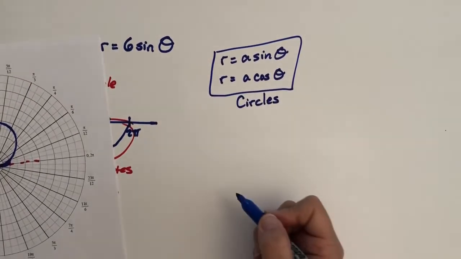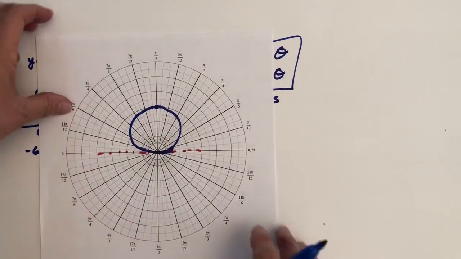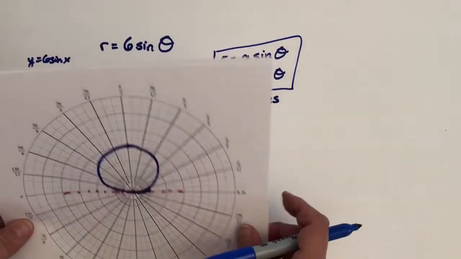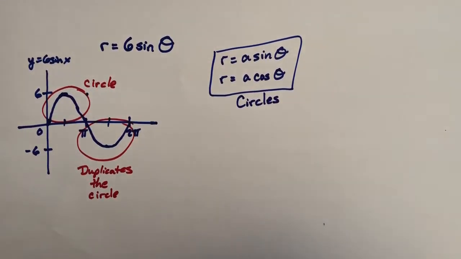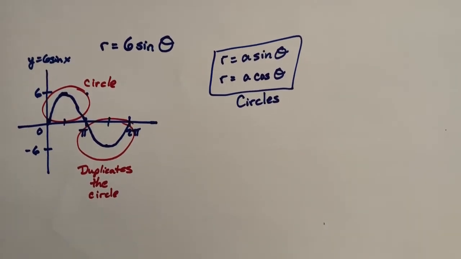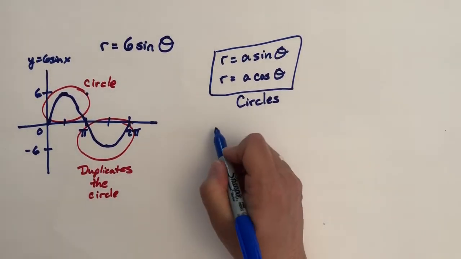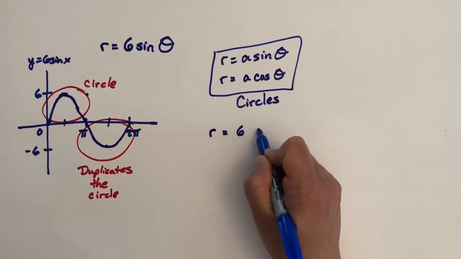Now, I haven't confirmed that that's a circle. I mean, I could have made it skinnier. How do I know it's a circle? And let's finish with this. Let's confirm that this is, in fact, the equation of a circle. And we're going to do that by converting from polar form to rectangular form. So I have r equals 6 sine theta.